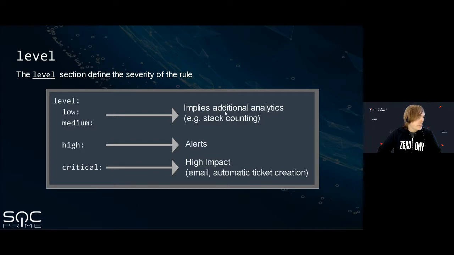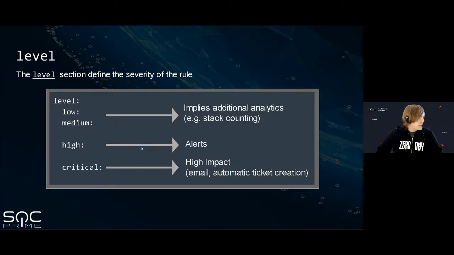So low and medium rules imply you're going to need some additional analysis before moving forward with this rule. So you can't just have it set up as an alert that needs to be immediately reviewed. Maybe you send it to a report with some stack counting, and an analyst takes a look at it once or twice a day and decides if there was anything worth triaging.